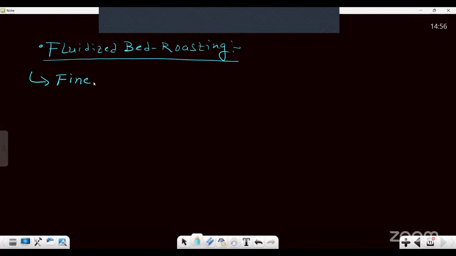So first, let us see what I told you: finely powdered sulfide ores. Powdered means you have reduced its size. Now you are suspending it in a rising stream of hot air or oxygen.